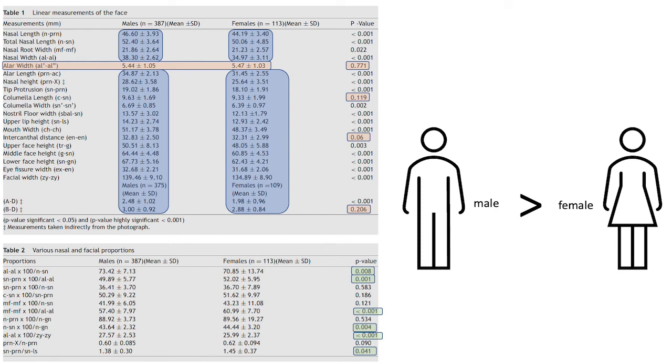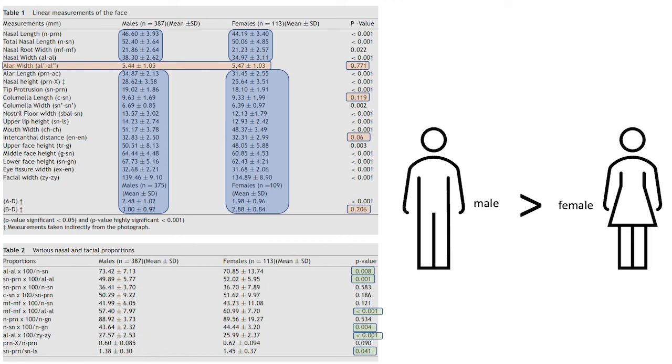Mean values of all the linear measurements in the study were higher in male than female subjects, except alar width. All the measurements were found to be statistically significant between male and female subjects, except for the parameters of alar width, columella length, intercanthal distance, and distance between nasal axis and columella.